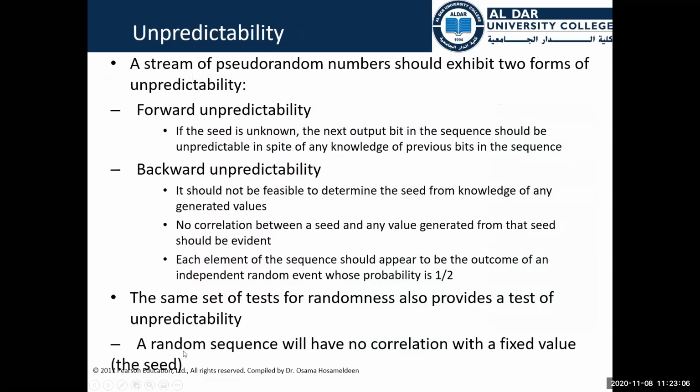So there is no correlation, as I told you, between any value in the bit stream and the seed. For example, if the seed is 10, we create a different value compared to 9 or compared to 8.